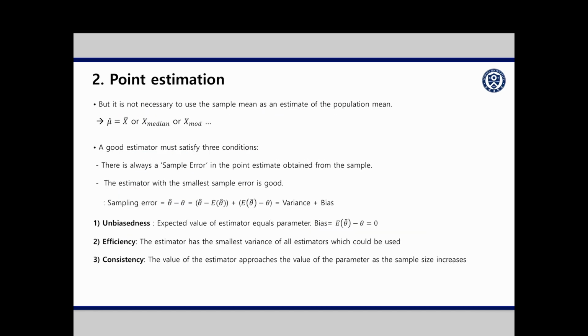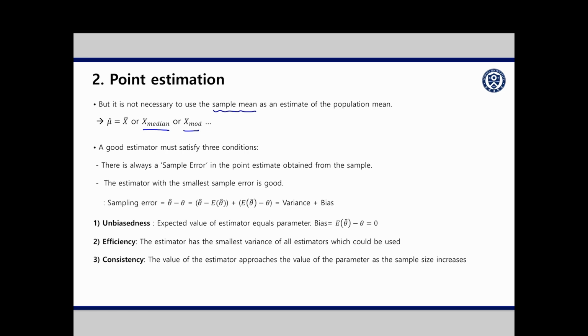I have a question here. Why do we use the sample mean as an estimator of mu? As your central location measure, you also learn median or mode, right?